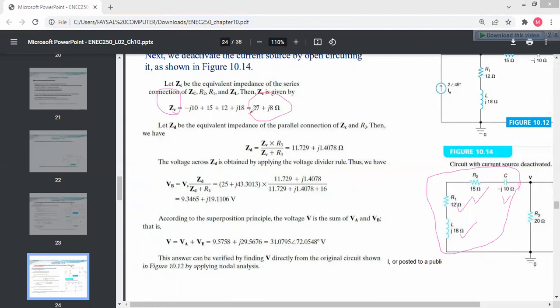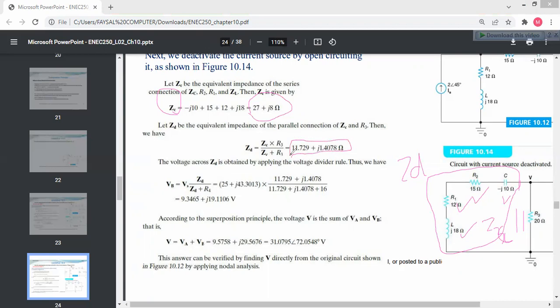Now the value of ZD is the parallel connection of ZC with R3. So ZC is parallel to R3, so ZC multiplied by R3 divided by ZC plus R3 equals ZD. After the calculation, this will be the value of ZD.